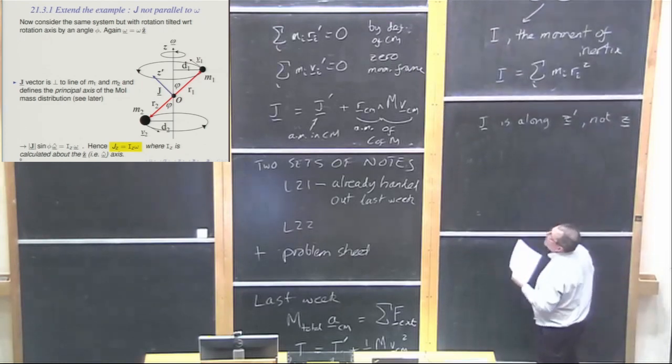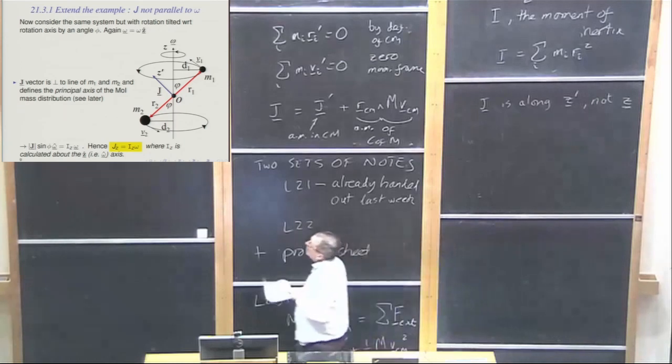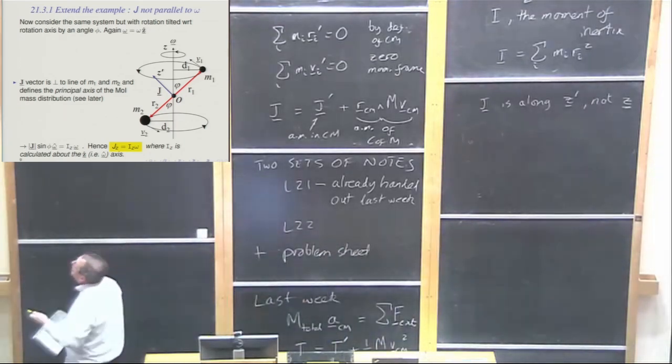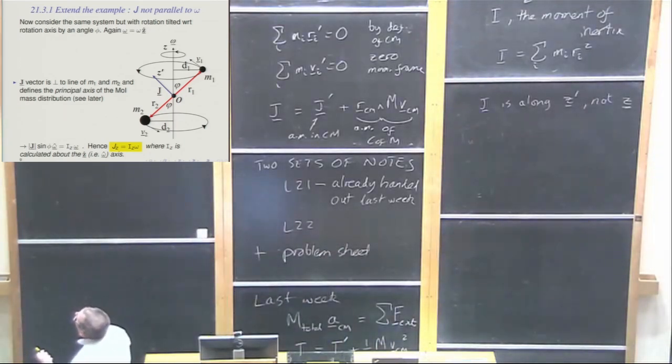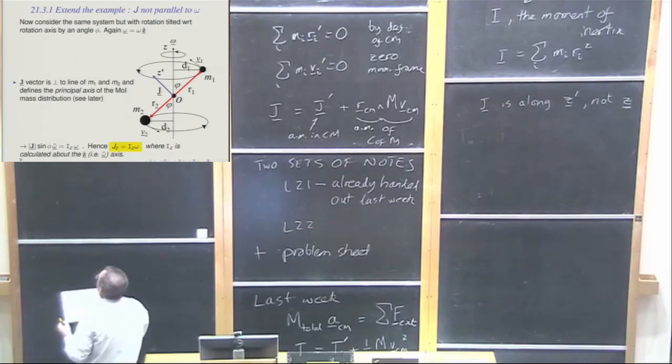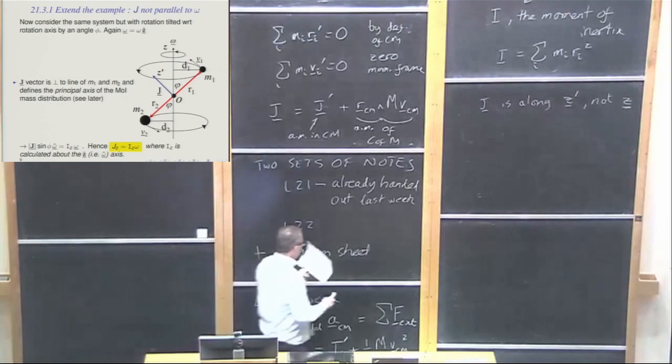Just to introduce a piece of jargon which we'll come to soon, that actually defines what we call the principal axis of the moment of inertia. We'll talk more about that rather soon. So that is the actual direction of J. Let's calculate the magnitude.